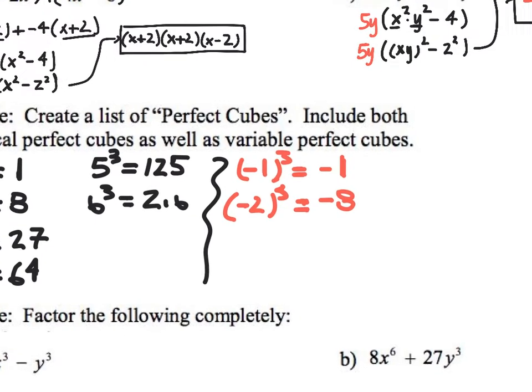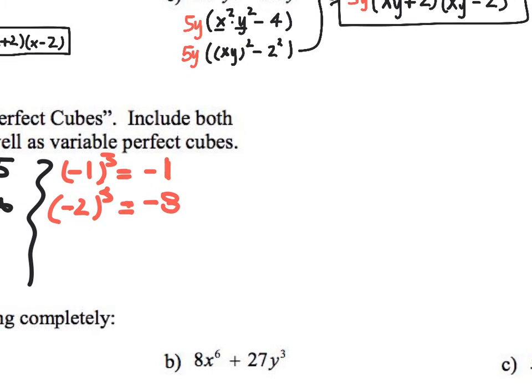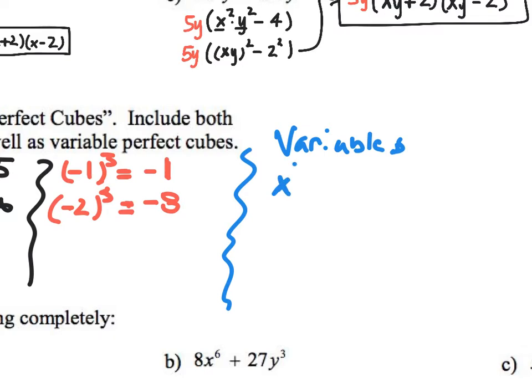Now, what I want to do is talk about how I did this in the previous part for perfect squares. So, variables. When I take a variable, let's say I have x squared times y squared. What that means is I'm taking x times x, times y times y.